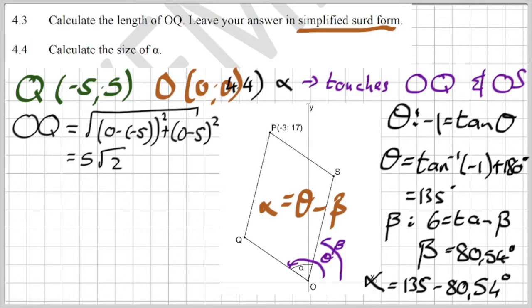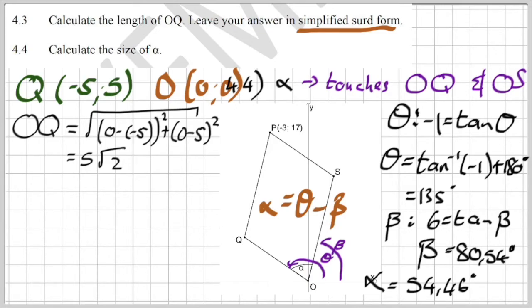So if I subtract those two from one another, I get 54,46 degrees. And that is basically the gist of how to work with these kind of angles between lines. Always check which lines they touch, get gradients, get inclination, calculate that inclination angle, and then use either common sense or geometry to solve for that angle in between.